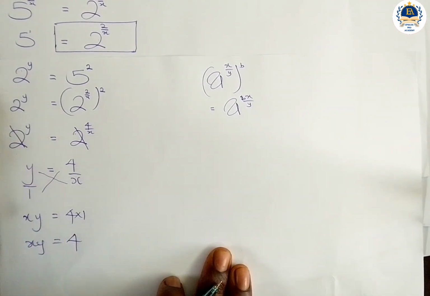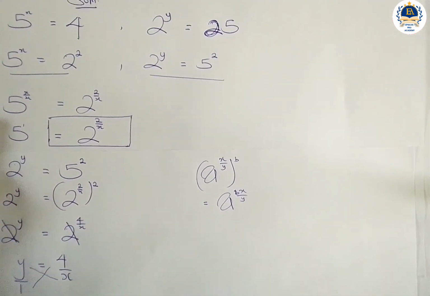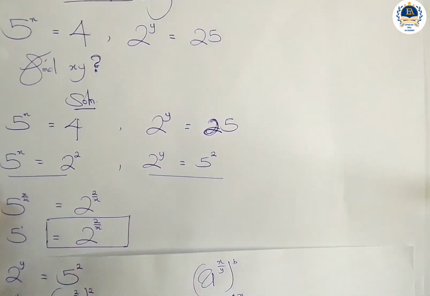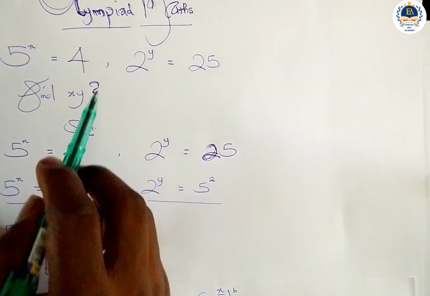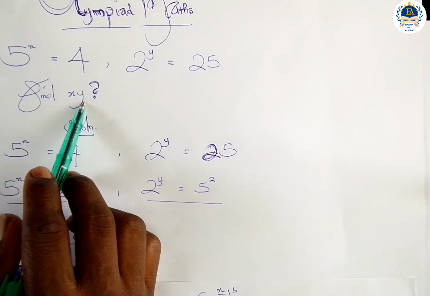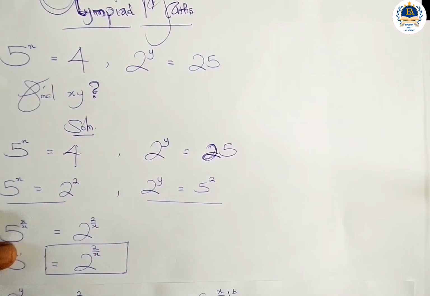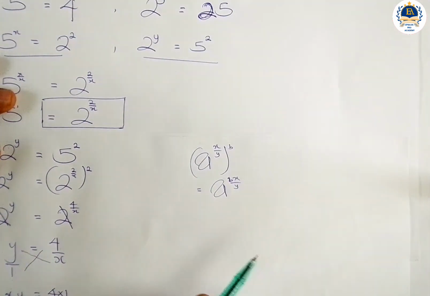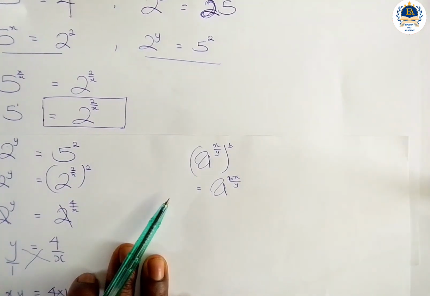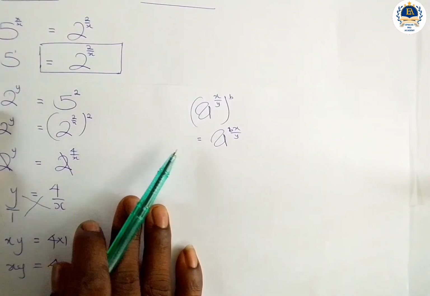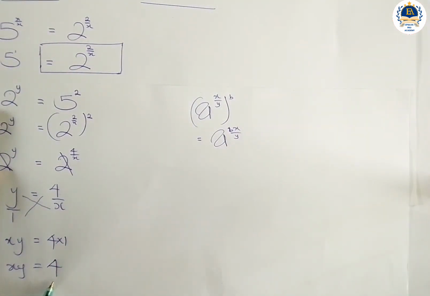From the question that was given to us, we are required to find the product of xy. So we obtain that xy is equal to 4.